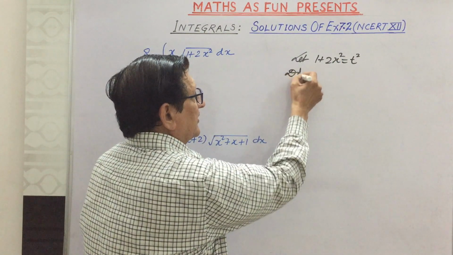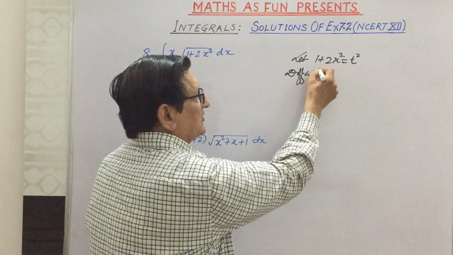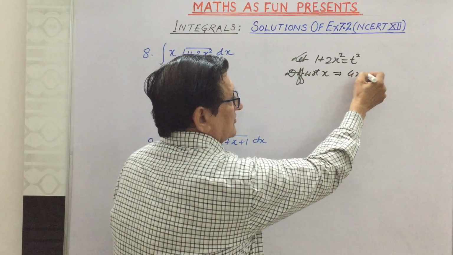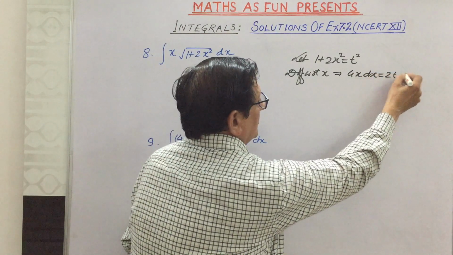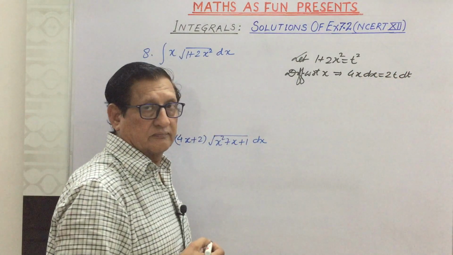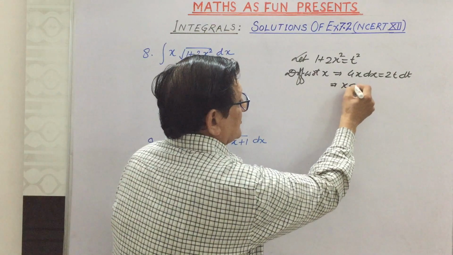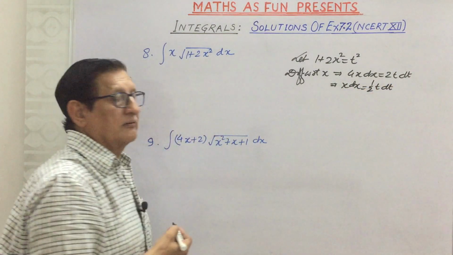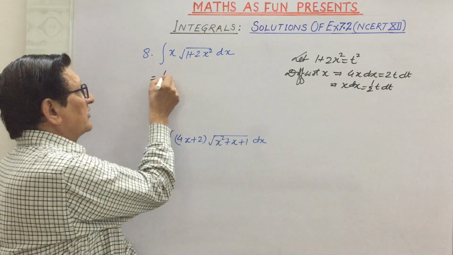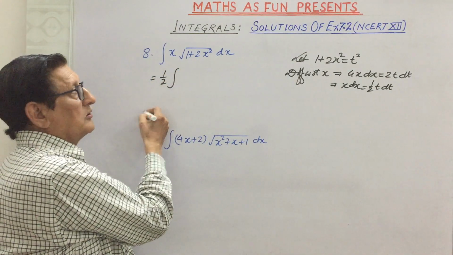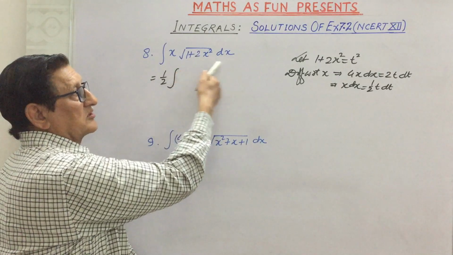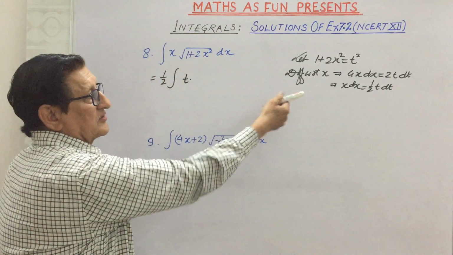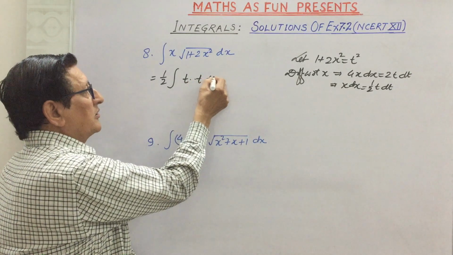Differentiating this with respect to x, we are getting 4x dx is equal to 2t dt. Or we can write x dx is equal to 1 upon 2 t dt. So here if we take 1 upon 2 out, this 1 plus 2x square, root of this will be t. X into dx is t dt.